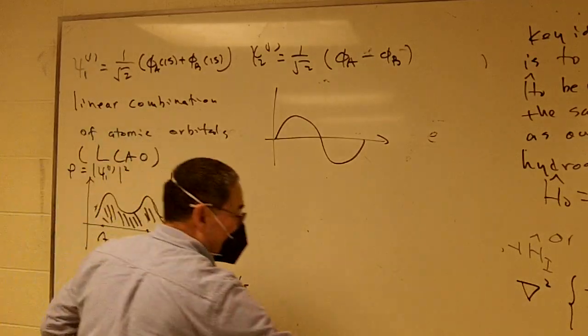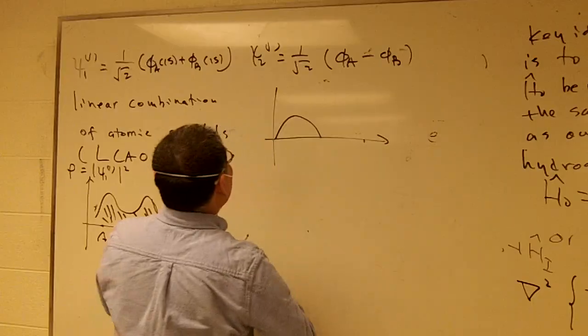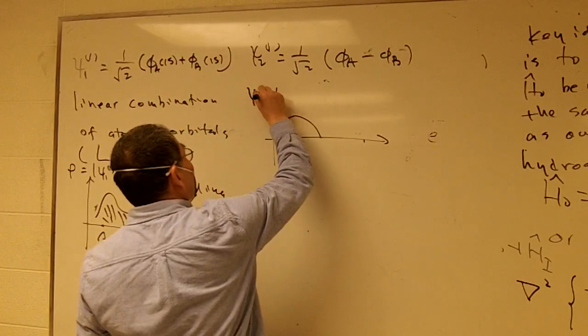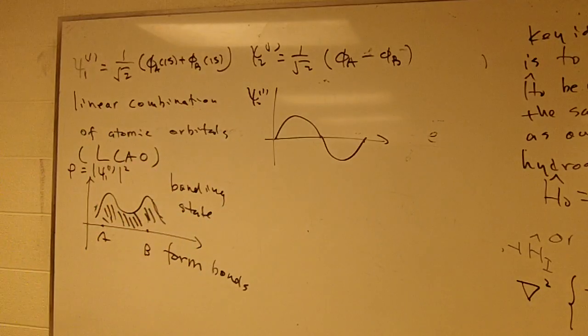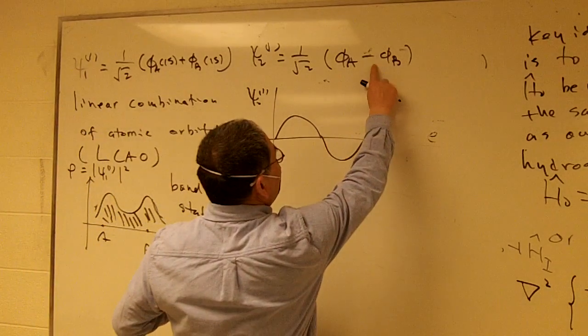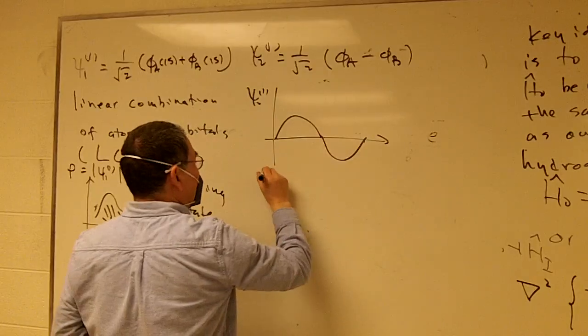Of course, it should be negative, but not negative like this. It's better to use the wave function, so let me plot the wave function. It has a feature: this is called an antibonding orbital. When you get close to this, you get a negative sign over there. So this is called an antibonding orbital.